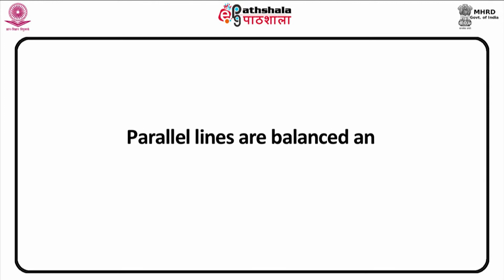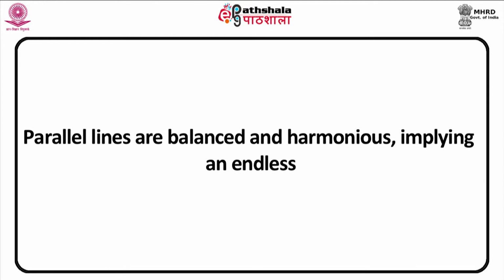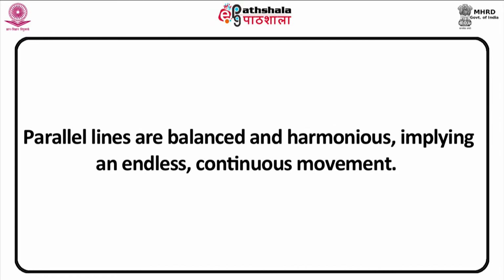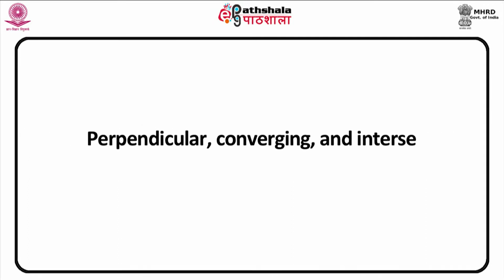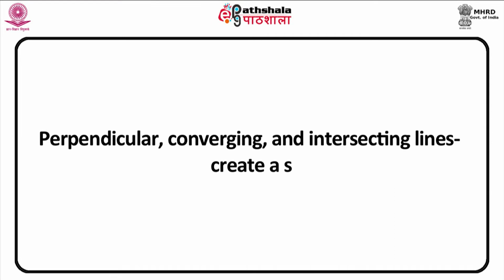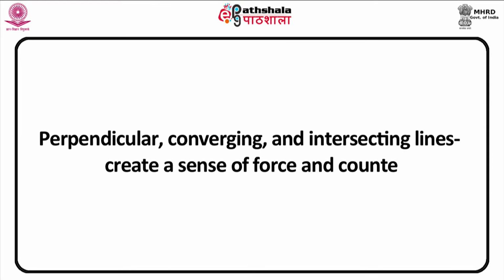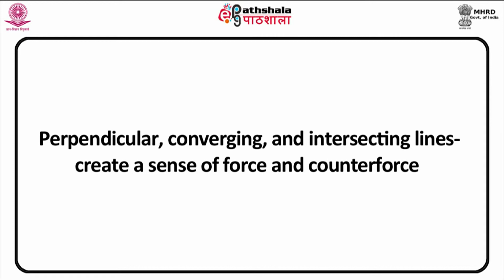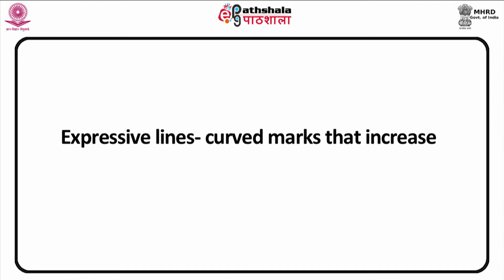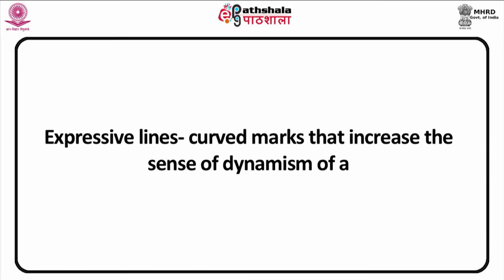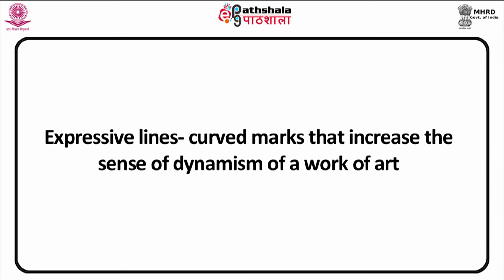Parallel lines are balanced and harmonious, implying an endless continuous movement. Perpendicular, converging and intersecting lines meet and create a sense of force and counterforce. Expressive lines refer to curved marks that increase the sense of dynamism of a work of art.